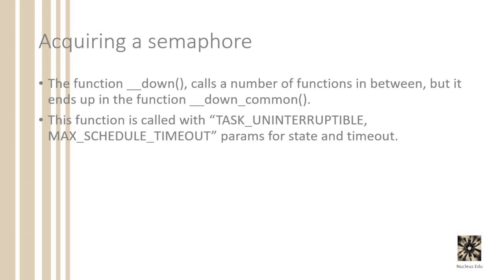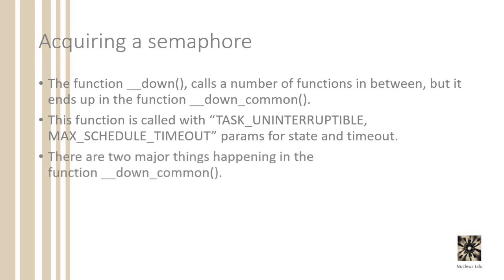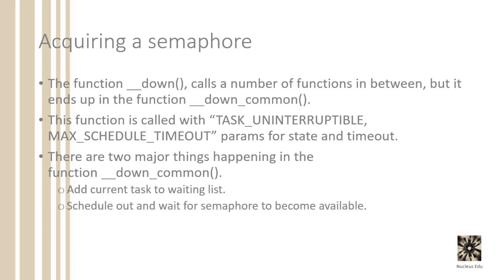The first one is the state which the task calling the down function would be set to while it's waiting for the semaphore to be available, and the second one is the max timeout that the task is going to wait for the semaphore to become available. Looking into the __down_common function, it does two major things. The first thing it does is add the current task to the waiting list, and then it schedules out and waits for the semaphore to become available.